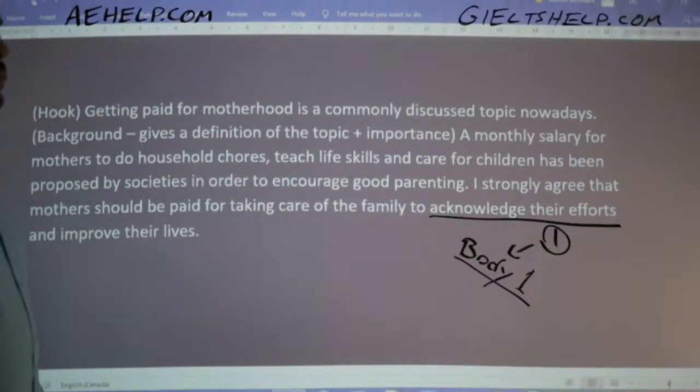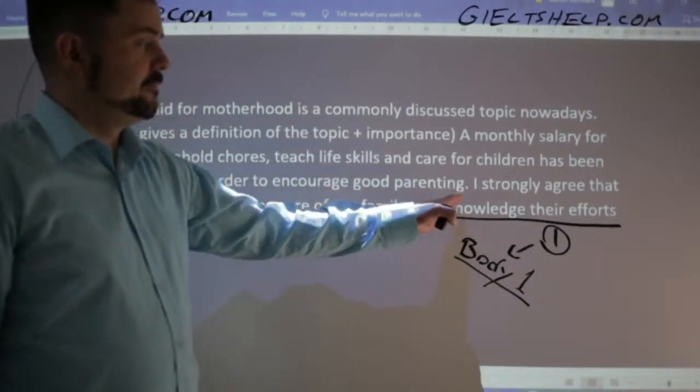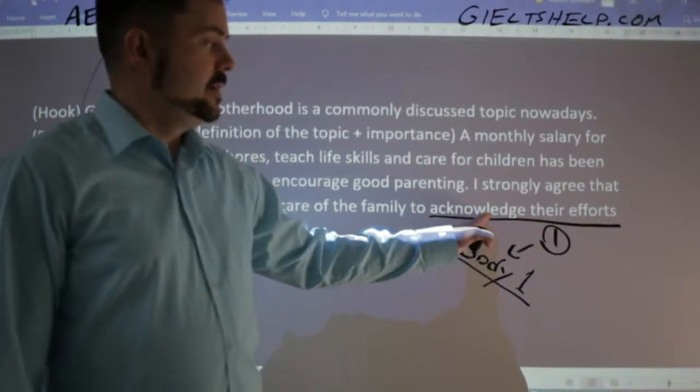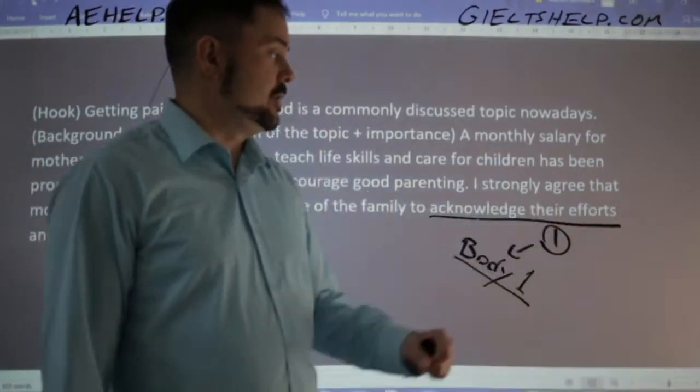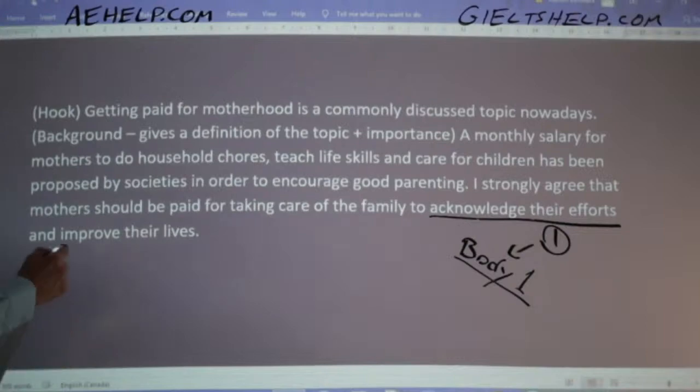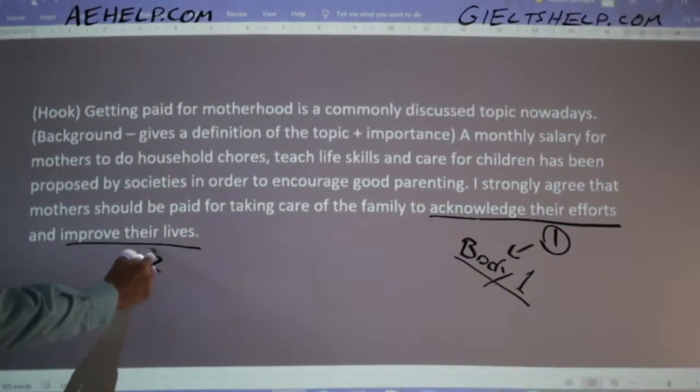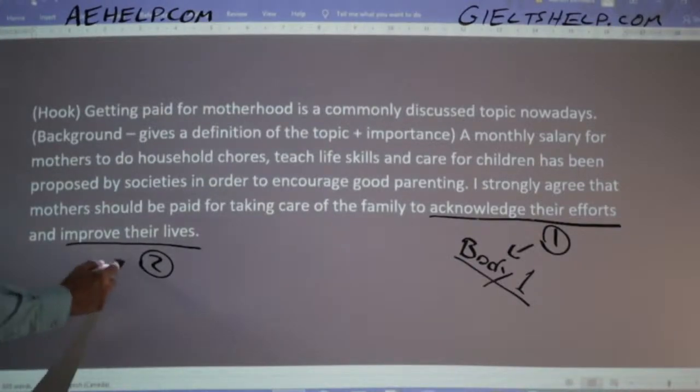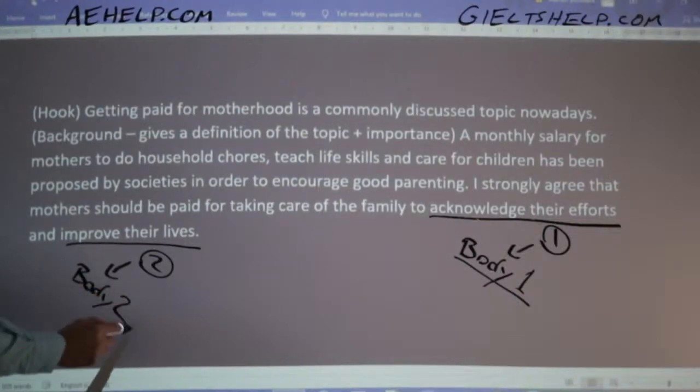So again, notice the parallel grammar: verb, possessive pronoun, noun, and then here I have the same. So improve their lives. This is my second point, okay? And this is going to be my body paragraph 2, all right? And I have parallel grammar.